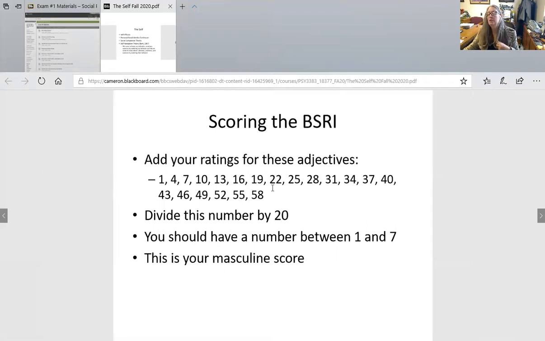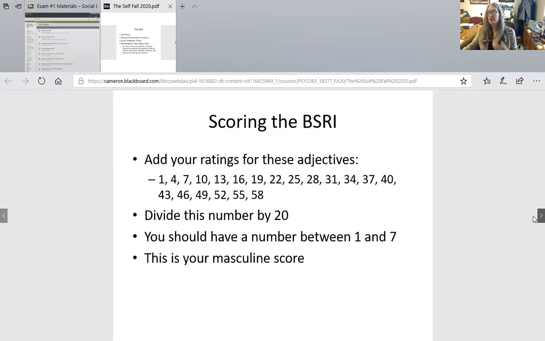What rating did you give for these 20 adjectives? Add that up and divide by 20, and you're going to get a number between 1 and 7. This number is your masculine score. Please stop the video now so you can add up your ratings for these 20 items.